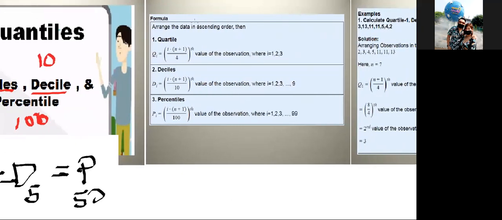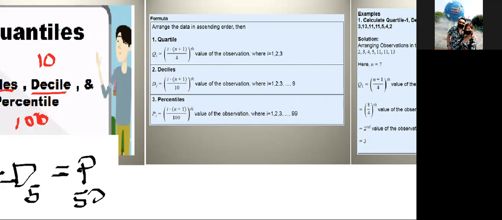To find your quartiles, deciles, and percentiles of a certain set of data, all you need to do is identify first the position of the observation.